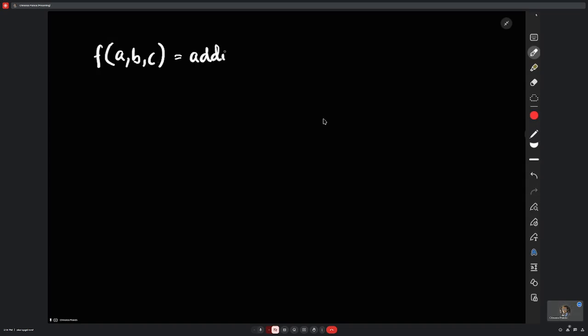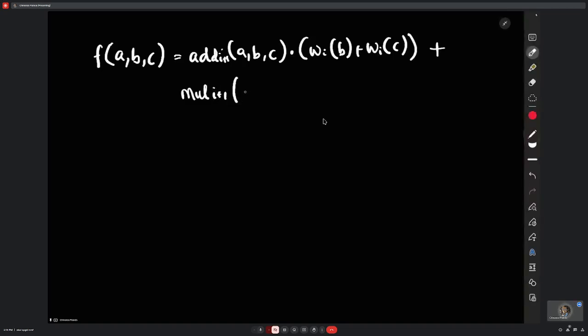Okay, so f of a, b, c was equal to add_i of a, b, c times (w_i of b plus w_i of c), plus mult_i of a, b, c times (w_i of b times w_i of c).